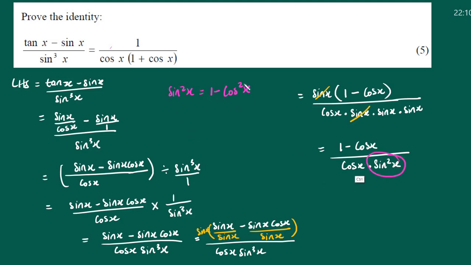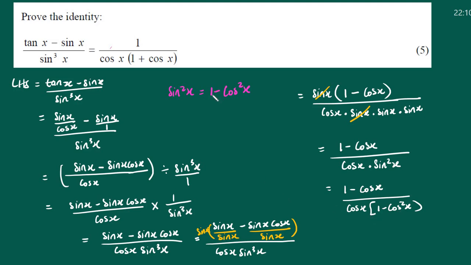You have sine squared x, you can change it to this. If you do that, what are you going to have? You're going to have 1 minus cos x. Whenever you feel like you hit a dead end, remember your identities. So you're going to say cos x into 1 minus cos squared x. It still looks like we hit a dead end, but we did not, good people. Why?